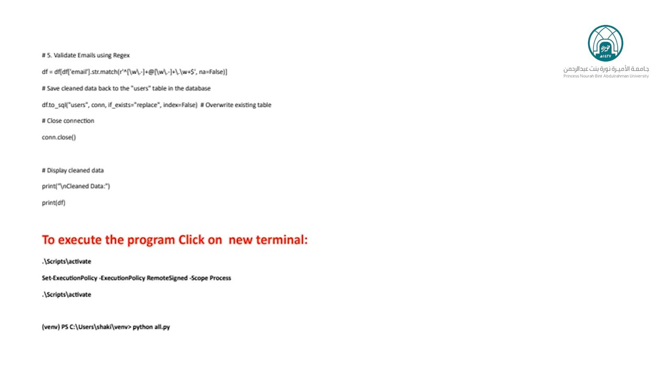If anyone enters, for suppose, my name, Shakila at example.com, it will be a correct format. Or anyone enters gmail.com, correct format. But if anyone enters something like shakila.org, then it is not the correct format. So to ensure all the emails are in the correct format, I need to go to this step. This step ensures that all emails in the dataset follow the valid format before saving into the database.